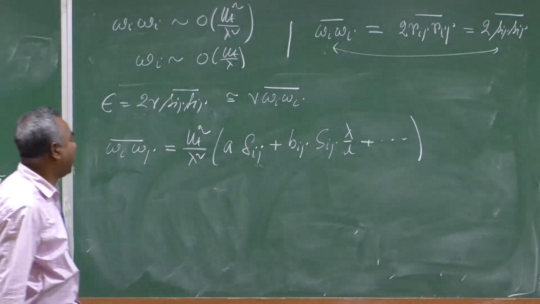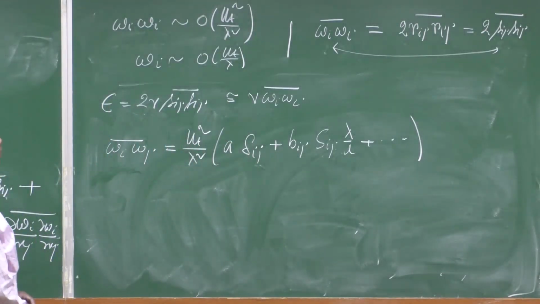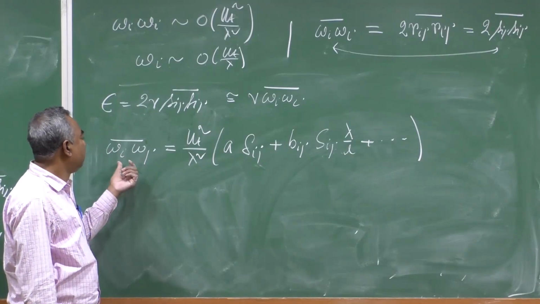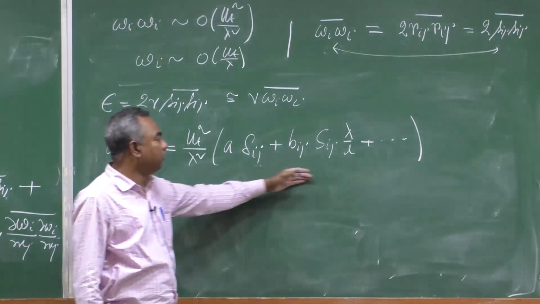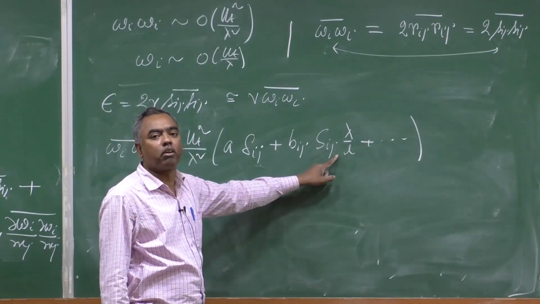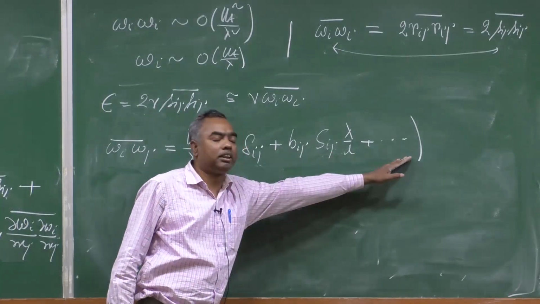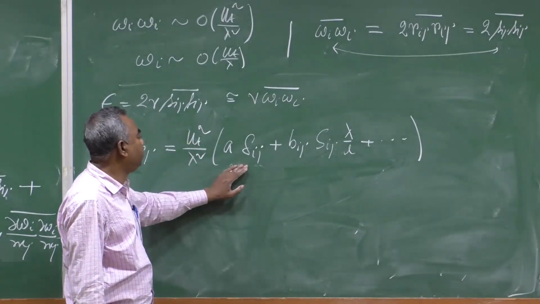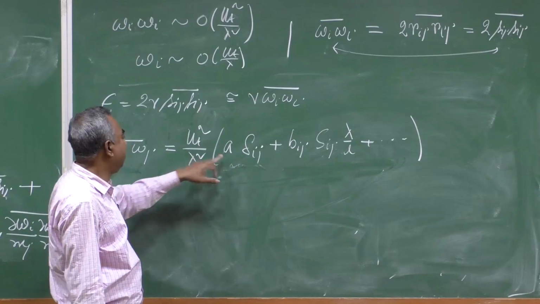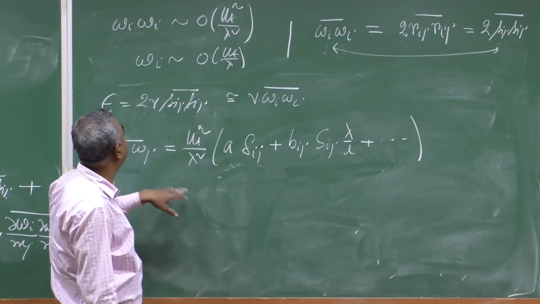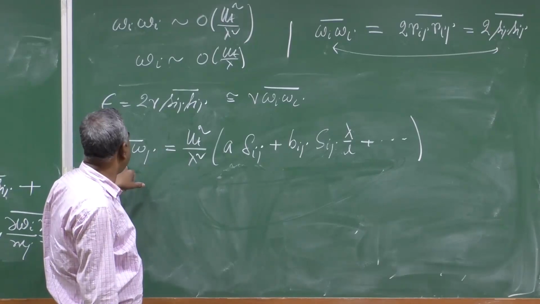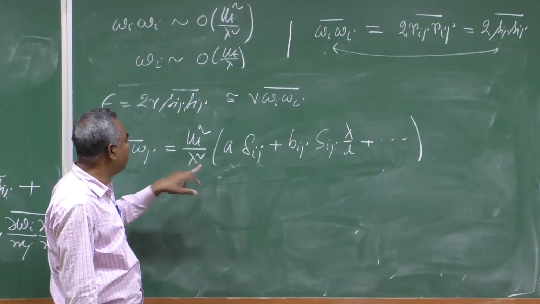That means, of course, when i is equal to j, from this equation Sii is equal to 0 from the continuity equation. So, all other parts of this side are 0, we are left with only A into ut square by lambda square. A is of order 1 from this analysis. So, omega i into omega j is in that case ut square by lambda square.